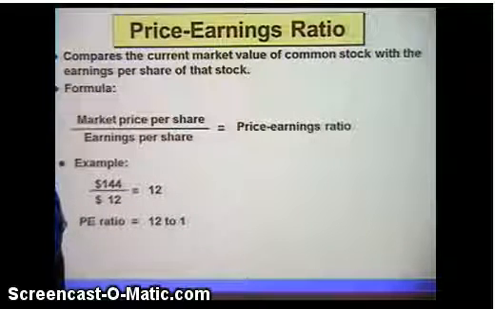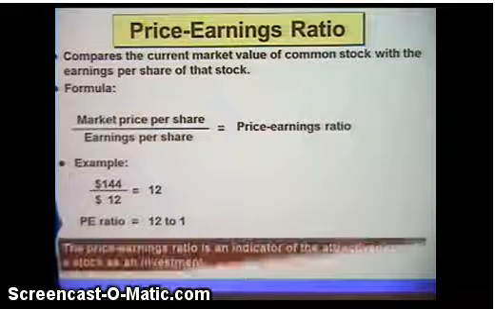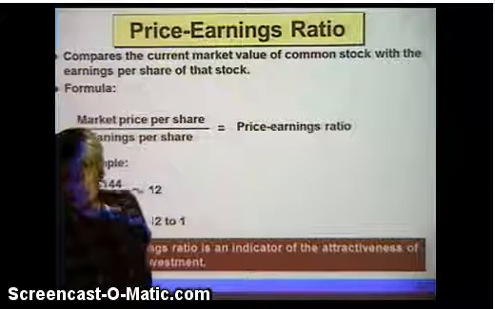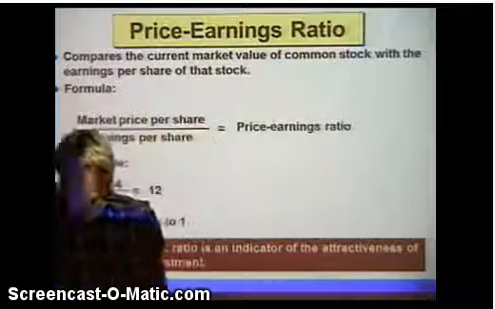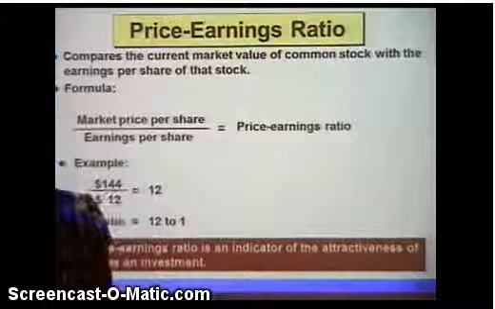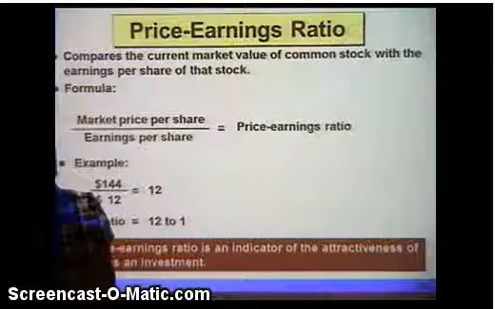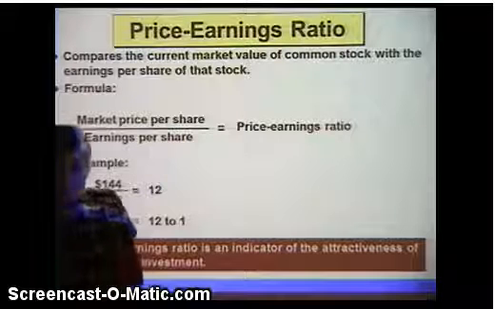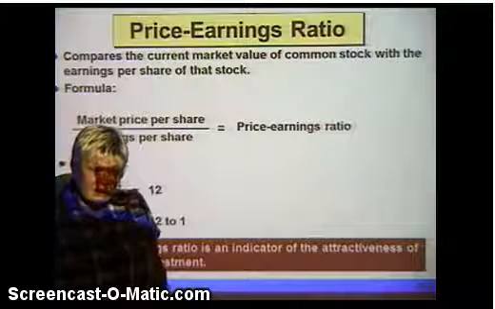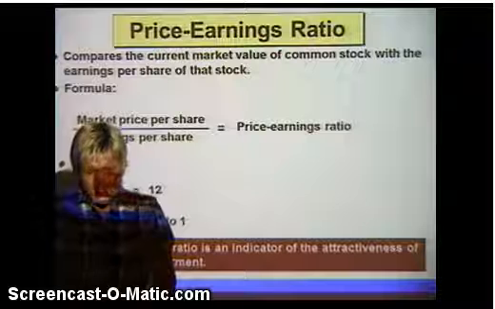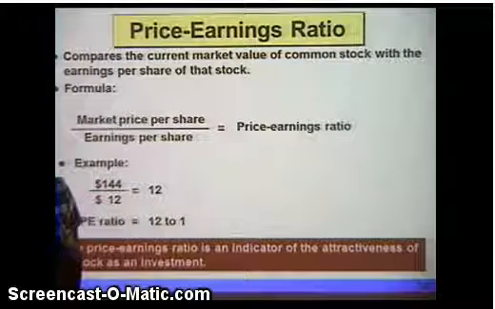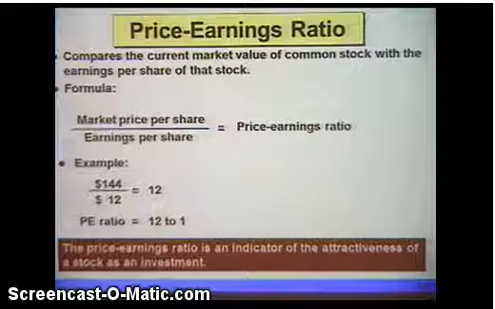Goodness gracious, this stock's selling for $144. It's a 12-to-1 ratio, so it looks pretty attractive if you're earning that much more, right? Or it looks like the amount of shares out could project that much of an increase. Wow.